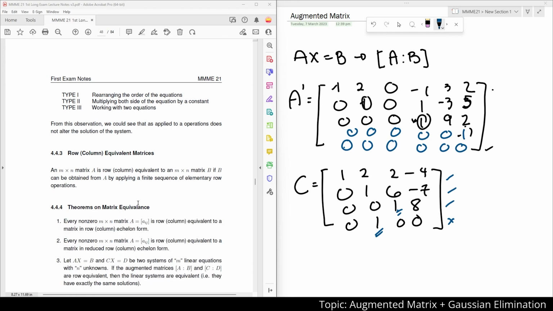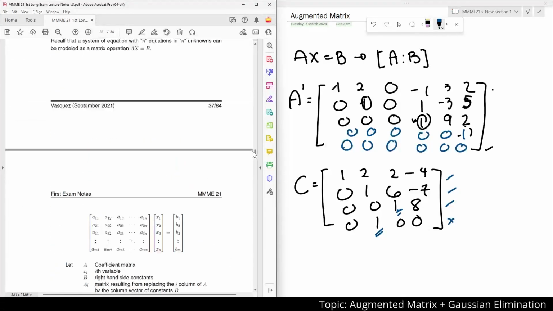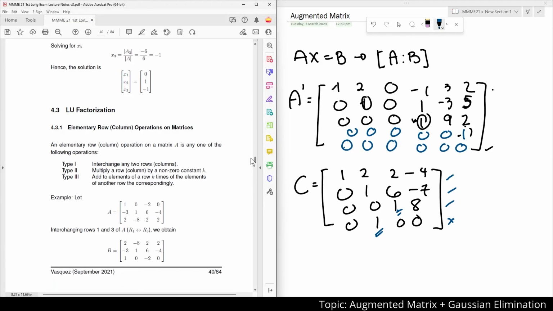Okay? So we can apply yung ating row operations na naaral natin before. Itong elementary row operations natin, yung interchanging any two rows, multiplying a row by a non-zero constant k, and adding elements of row k to the elements of another row.